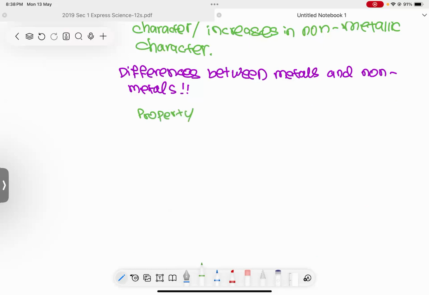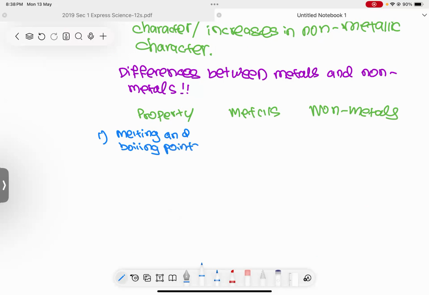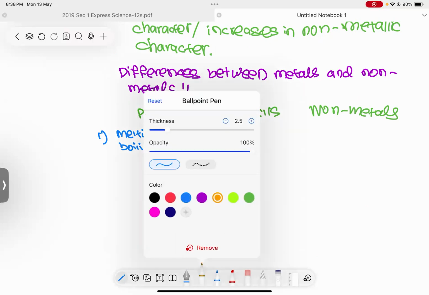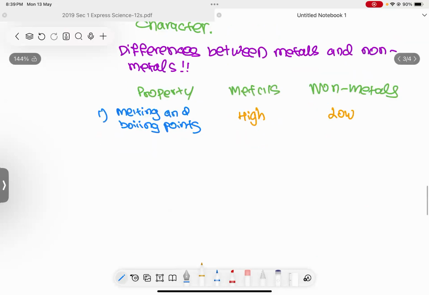This is the property, metals, non-metals. It's going to be our title. So firstly, melting and boiling point. Metals have high melting and boiling points, while non-metals have low melting and boiling points.